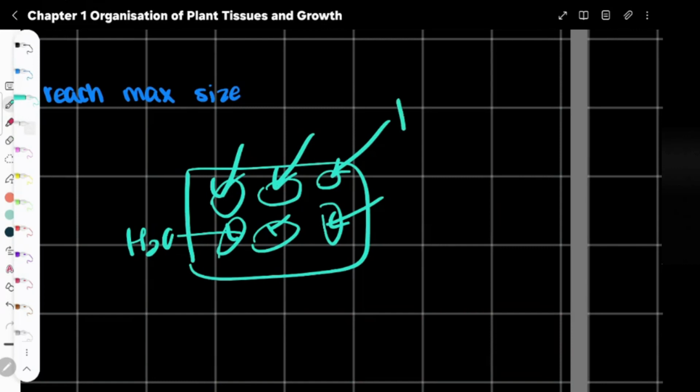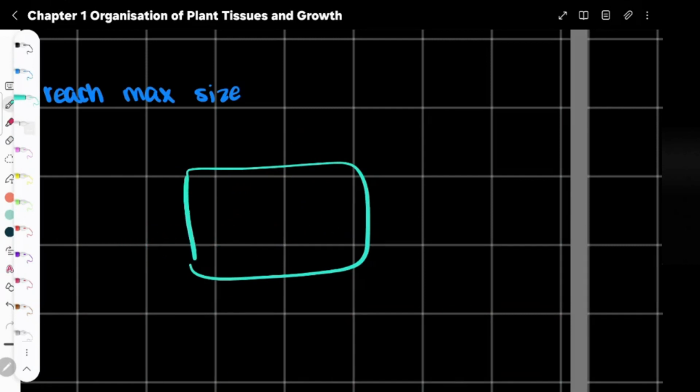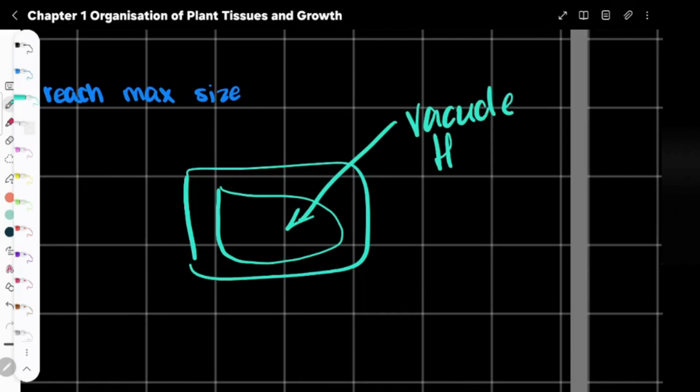Did you know vacuoles can combine? They can combine into a bigger vacuole. This is a vacuole as well, and it also contains water. They combine through a process called vacuolation.